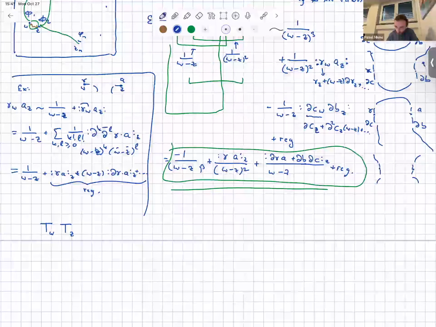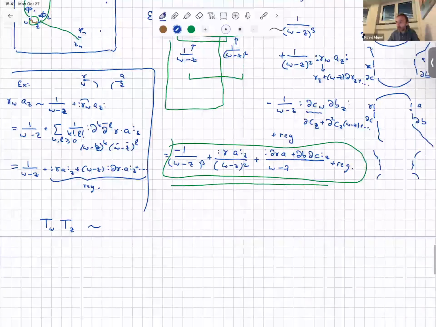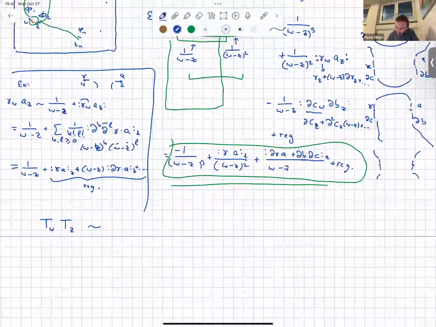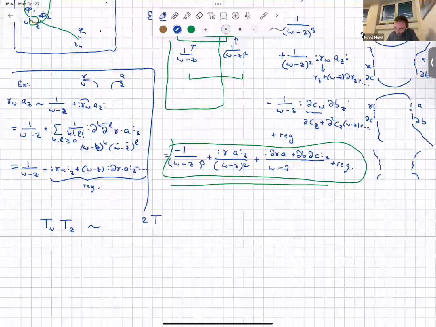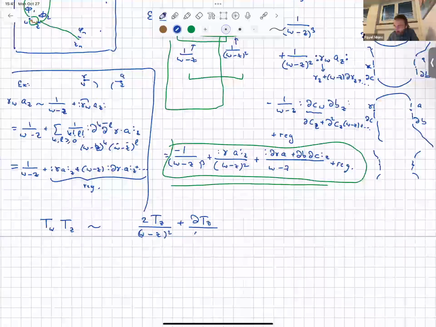It's a bit of a computation, but it leads to the following: 2T at the point Z over W minus Z squared, plus the derivative of T at Z over W minus Z, plus the regular part.